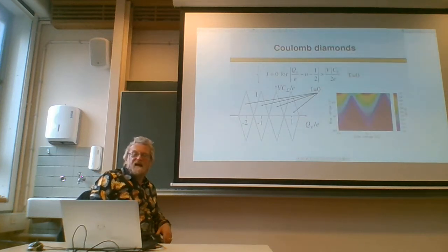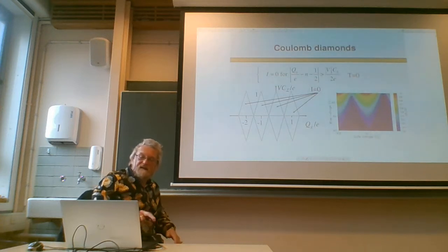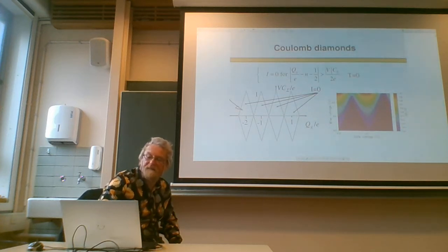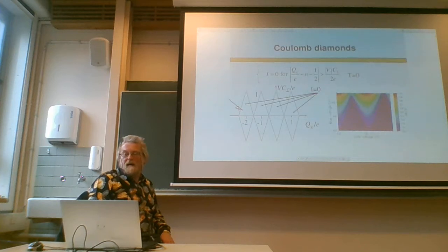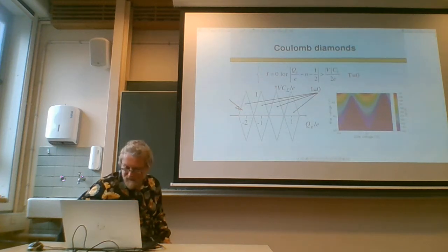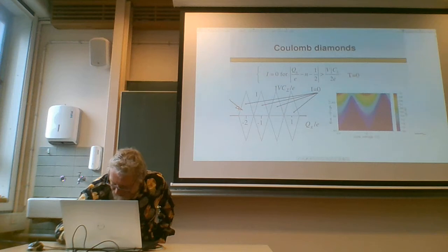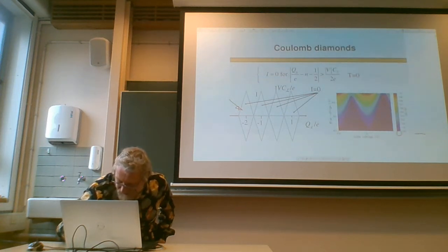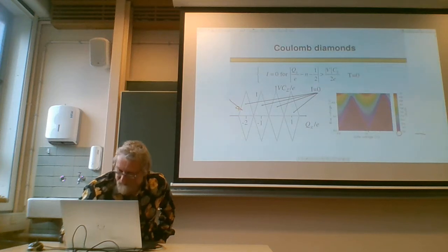Let me show this diamonds in full glory. So the current is absent in these white regions of the plane. Right, and this is illustrated by a plot called a bar. So the current is really 0, about 0 in this region. Then it increases.